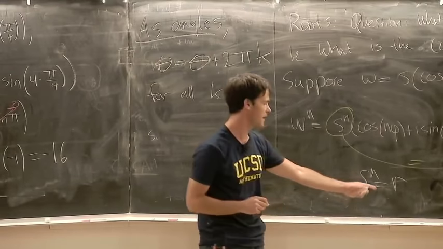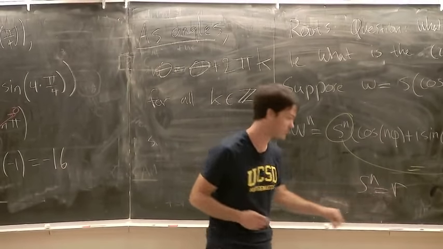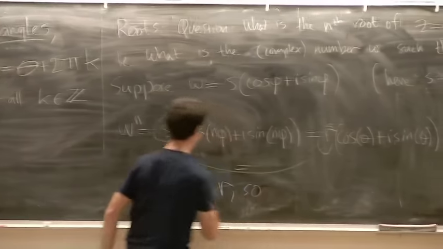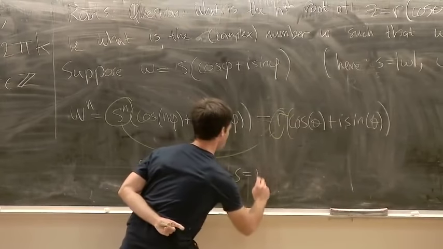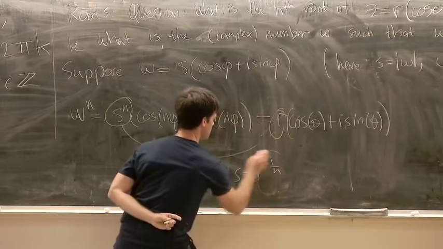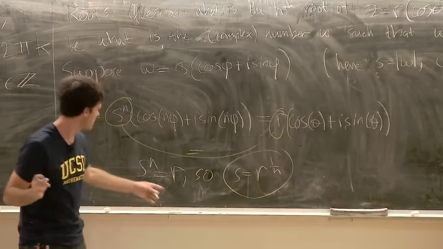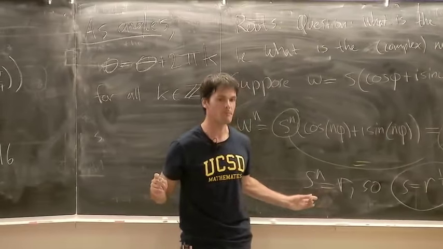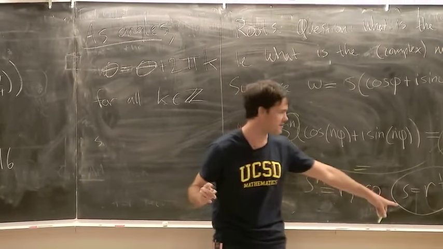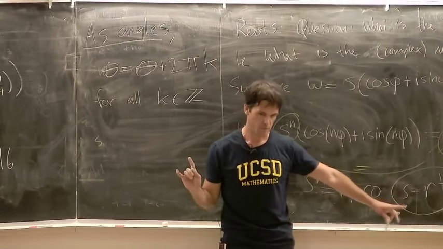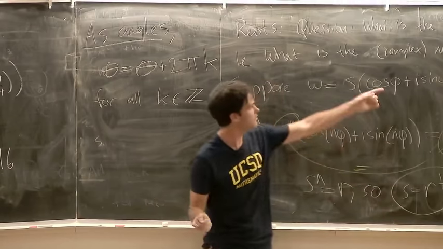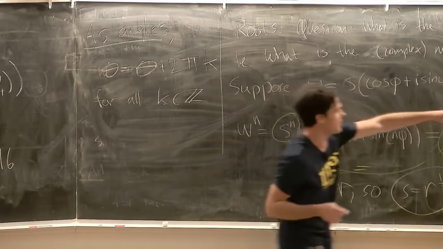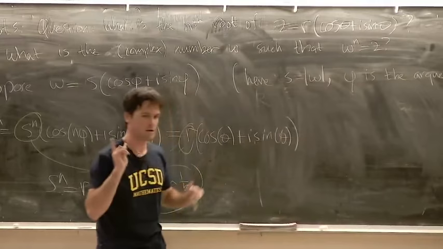And that's not so bad because these are both positive real numbers. So that tells us right off the bat what s is. It's r to the 1 over n. That's fine for the magnitudes. It's kind of what you'd expect, actually. For the nth root, just take the nth root of the magnitude.